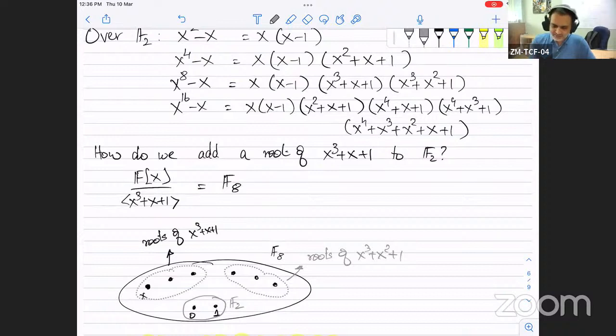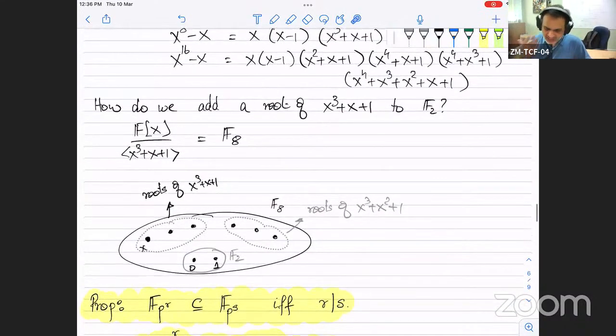So this is a bizarre thing where you actually only intended to add a root of this irreducible polynomial, but someone else who wanted to add a root of this irreducible polynomial might have added one of these points. It just magically happens that once you add a root of one irreducible polynomial of degree r, you somehow end up adding the roots of all irreducible polynomials of degree r, which is something bizarre that happens over finite fields.